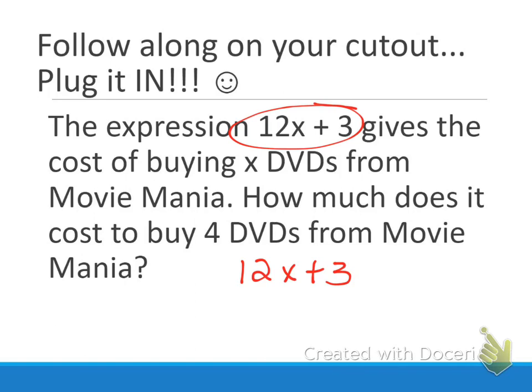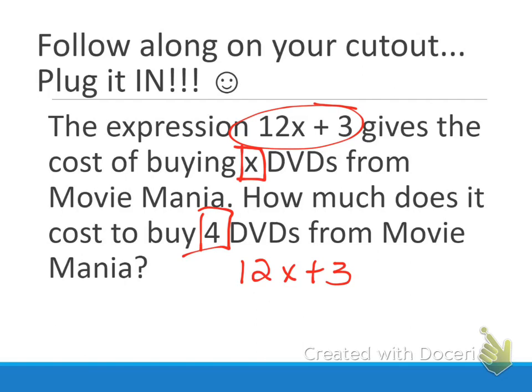Okay? So it gives the cost of buying how many DVDs? Oh, X. X DVDs. So that means X represents the number of DVDs. That's important to know. From Movie Mania. How much does it cost to buy 4 DVDs? That means we're going to substitute what number in for X? 4, right?